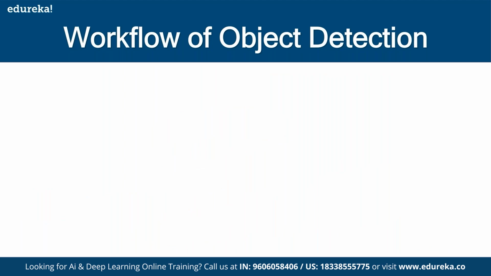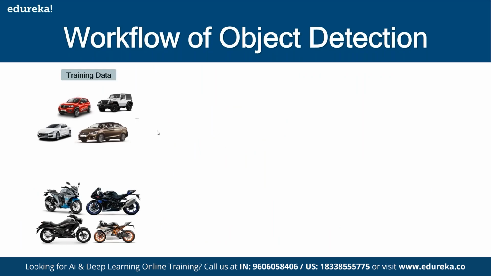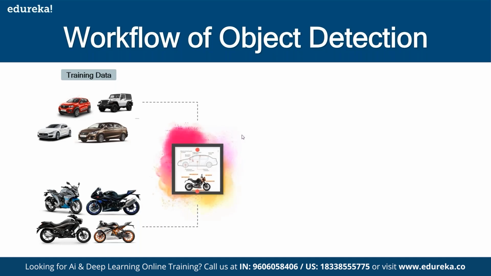Whenever I want to perform object detection, I'll have my training data. In this example, I'm trying to understand whether a given image has a car or a bike. So I'll have images like this, and on top of my images I'll run the learning.